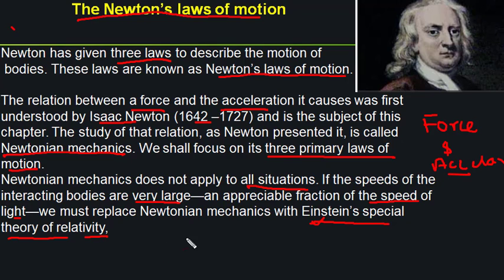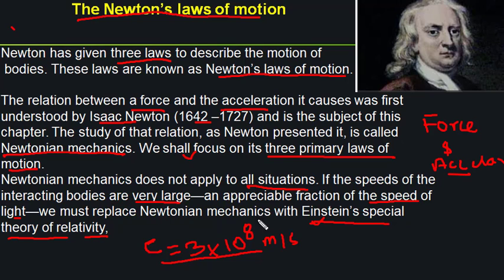You will learn this in subsequent chapters, but here just for your understanding, the speed of light, which is represented by c, is something like 3 into 10 to the power 8 meters per second. So if any object runs with this speed, the Newtonian laws that we are going to learn will not be applicable.